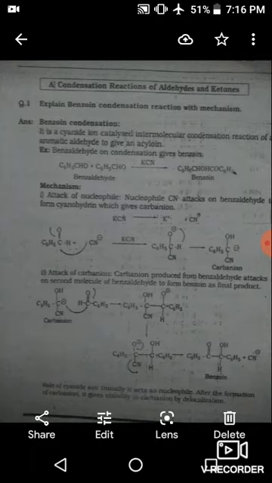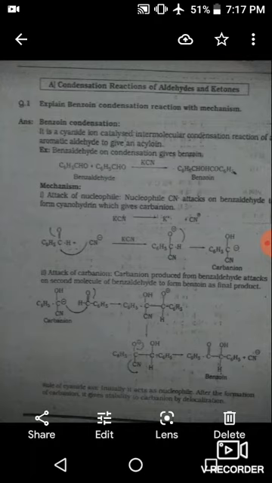See, in this reaction, the starting component is an aldehyde without alpha hydrogen. Whenever these two benzaldehyde molecules react with each other and undergo condensation, the product formed is benzoin. It is also called alpha hydroxy benzoin.